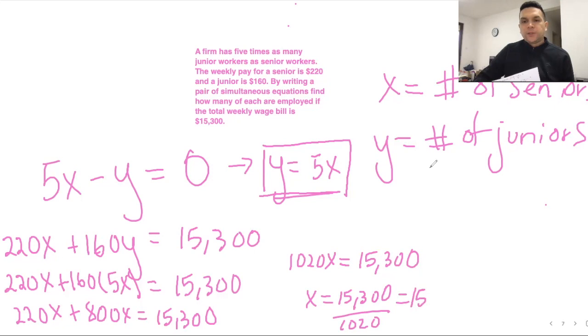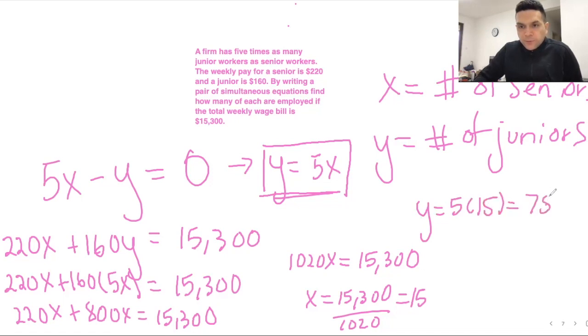And it says that we have 5 times as many juniors, right? So number of juniors, y equals 5 times 15, which is 75. Okay. And that's it. That's how we solve this equation.